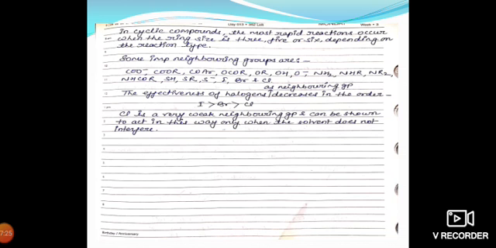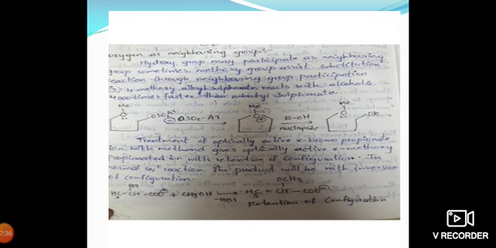Many examples are there: oxygen, sulfur, nitrogen. These are all examples of neighboring group participation. Oxygen is taken as a neighboring group.